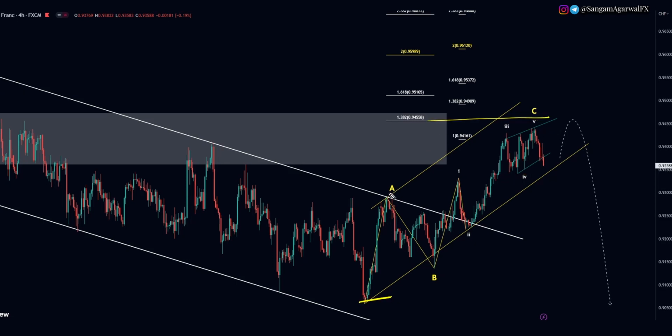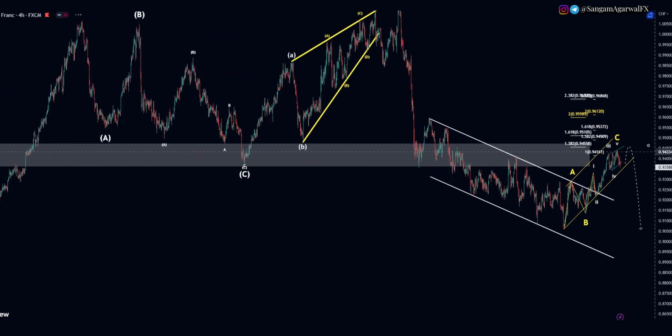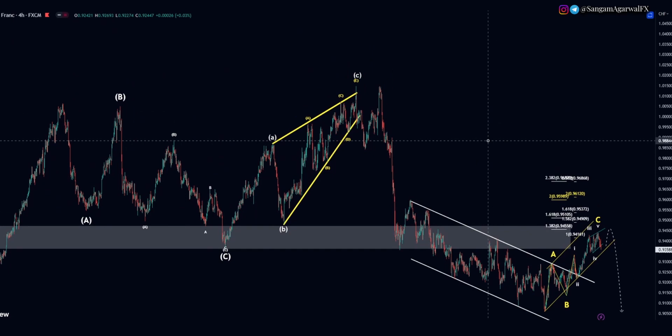So here you can see the wave C projection target was 0.94558 and price is dropping without hitting that level. So if that top survives and if it keeps dropping, then this can be the top for the dollar, because USDCHF, if you see, is giving a clear signal when this top was made.